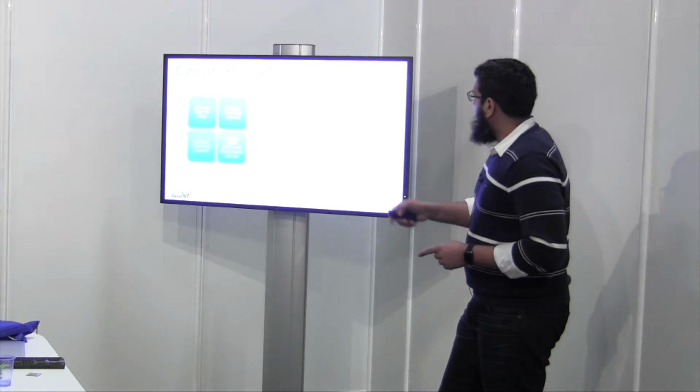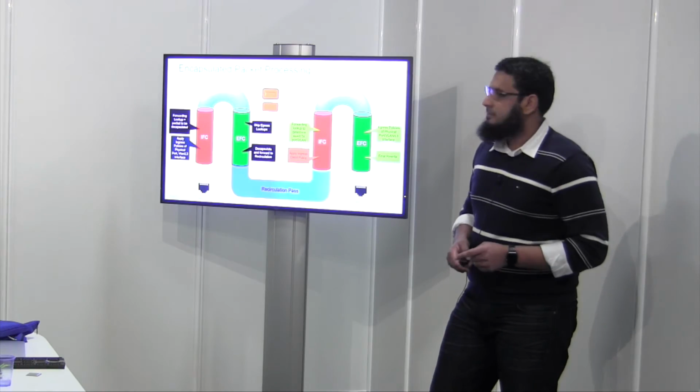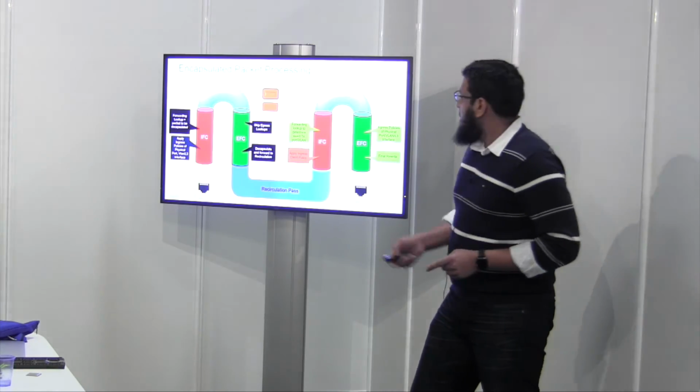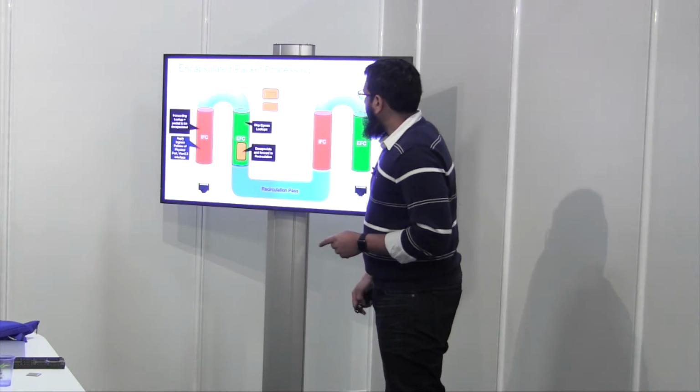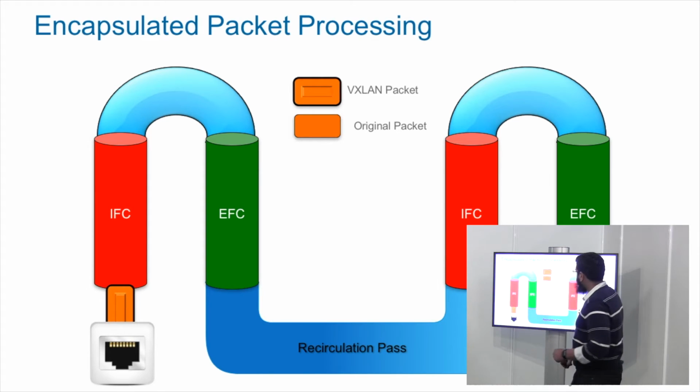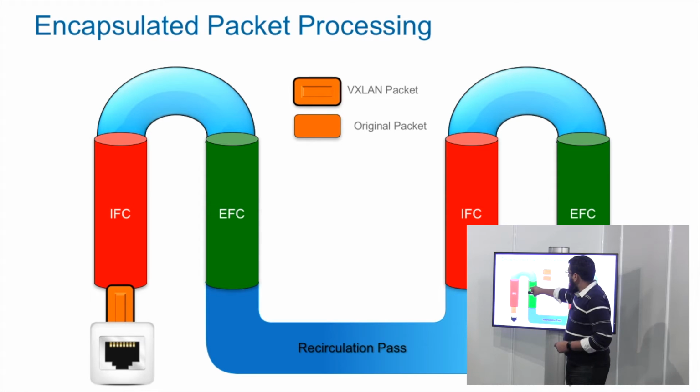Now let me go back to this slide where I talk about recirculation. So in this example, if we have an encapsulated packet coming in the port, it goes through that IFC, the red box that we saw earlier in the heart of the ASIC.